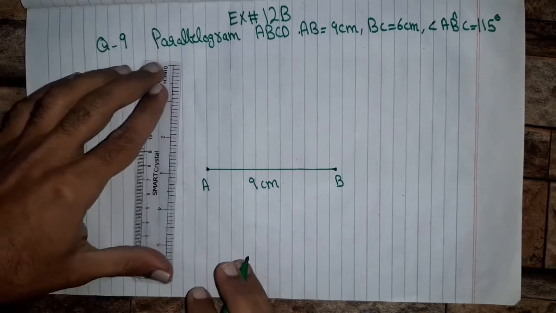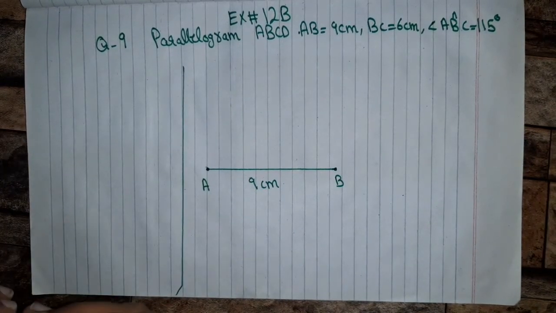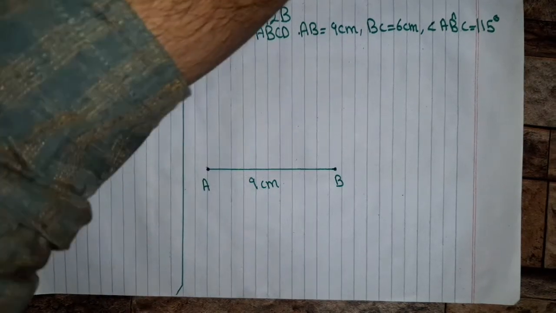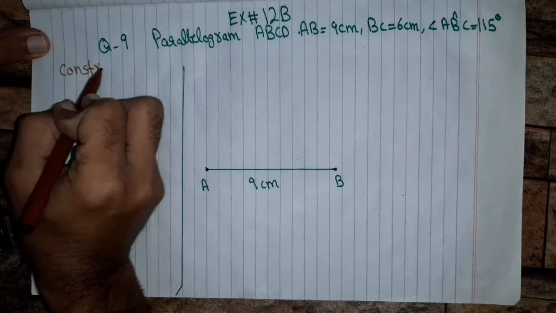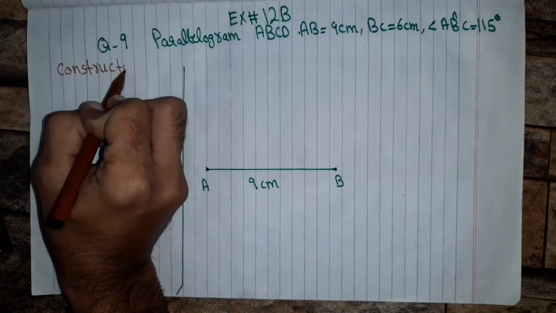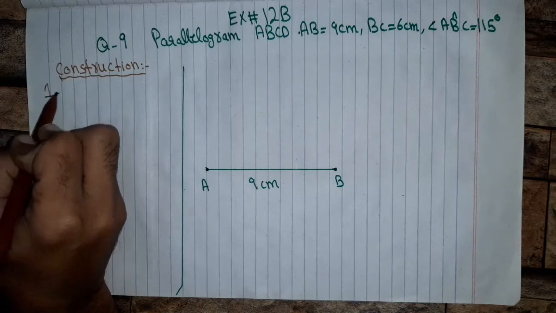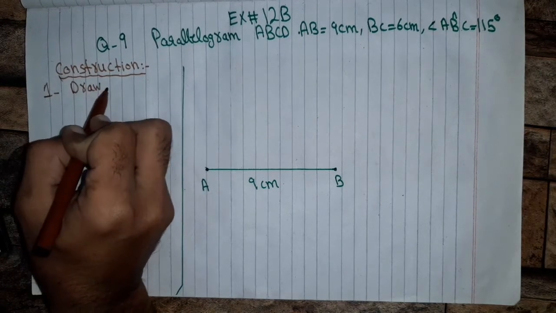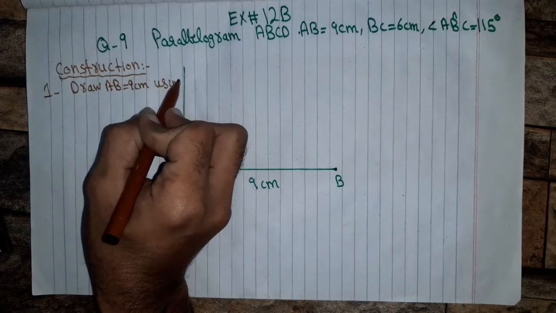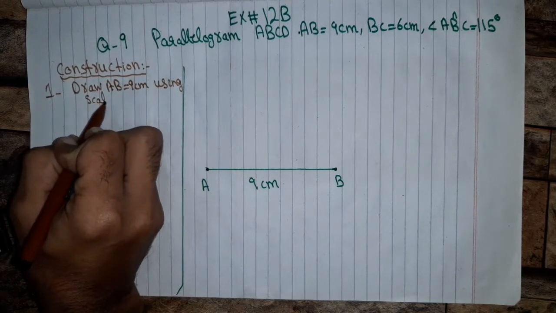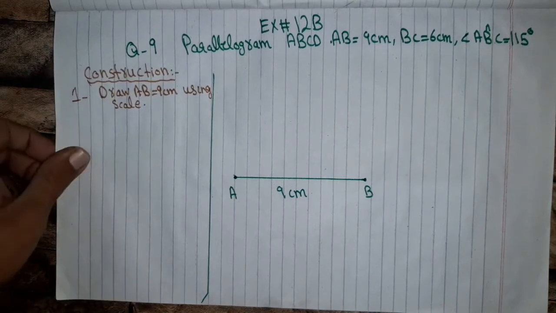Here we will write construction. Draw AB equal 9 centimeter using scale.